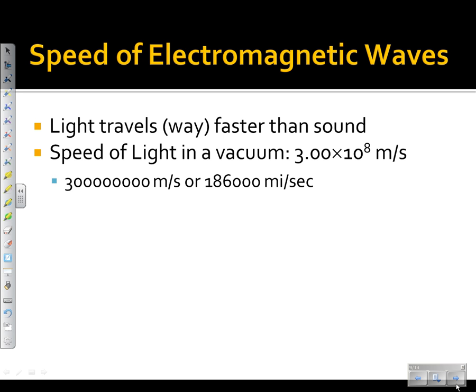Not miles per hour, miles per second. It's really scary. Here's why. For some perspective, light, if it could travel in a circular path, which it usually doesn't, could travel around the equator of the Earth 6.5 times in 1 second.